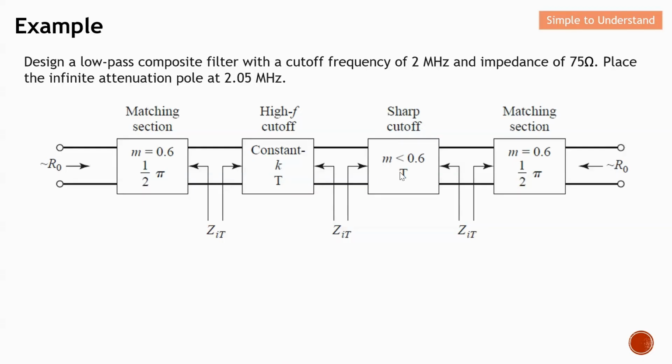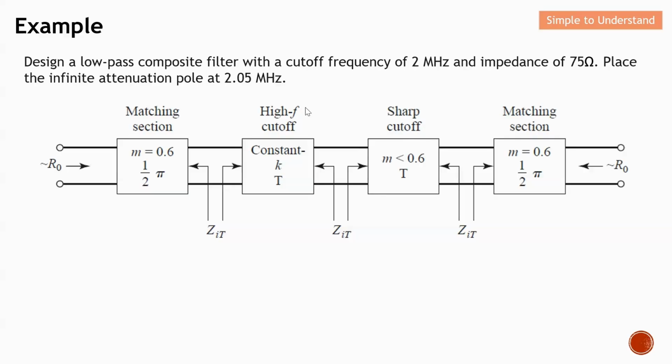So typically we just have the matching section, and with the constant K, we can omit the m-derived section. But in this example, we are tasked to design an attenuation pole at 2.05 MHz. Hence, we need this m-derived section in order to achieve a sharper cutoff frequency.